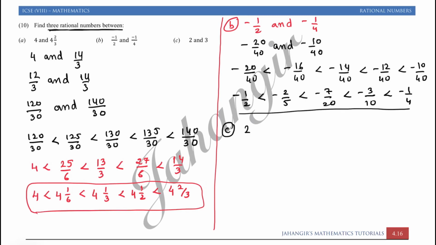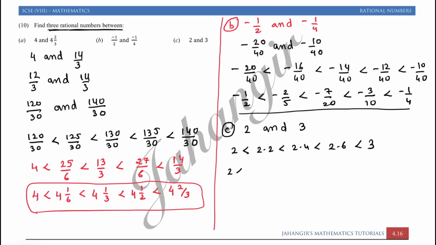C. 2 और 3 के बीच में we want a rational number, so I can write 2 less than 2.2 less than 2.4 less than 2.6 less than 3. You can put any value, 2.25, 2.5, 2.75, any value you can put.